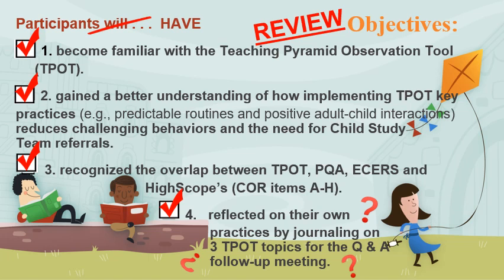Check. Participants have recognized the overlap between TPOT, PQA, ECERS, and HighScope's core items A through H. Check. Participants have reflected on their own practices by journaling on 3 TPOT topics for the Q&A follow-up meeting. Hopefully check.